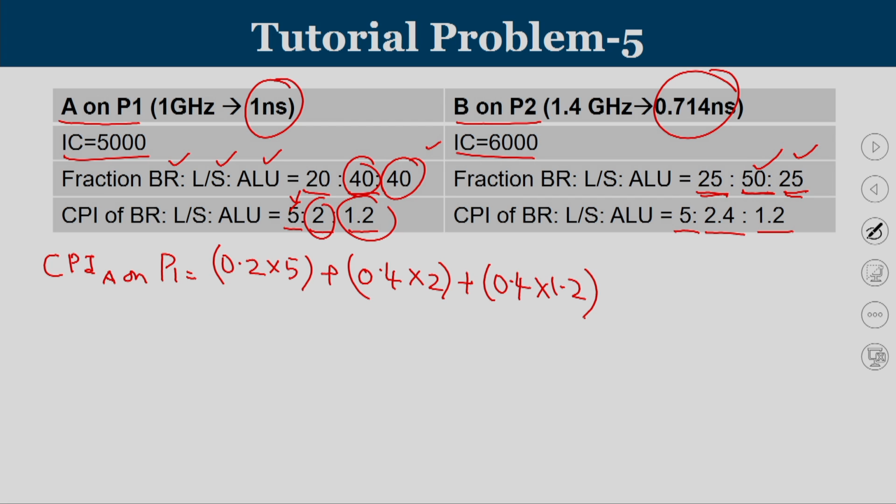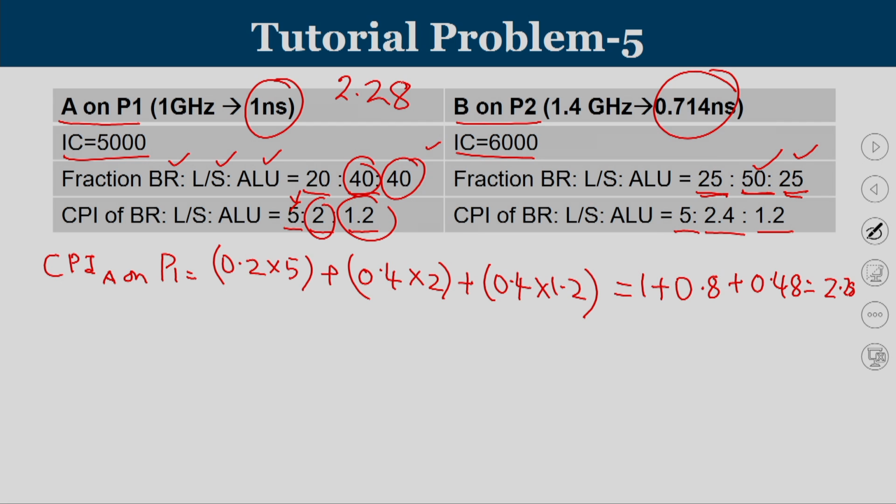So, the value that you get here is 1 plus 0.8, that is the second one, and the third one is 0.48. So, ultimately we get the value 2.28. So, the CPI for A is 2.28.